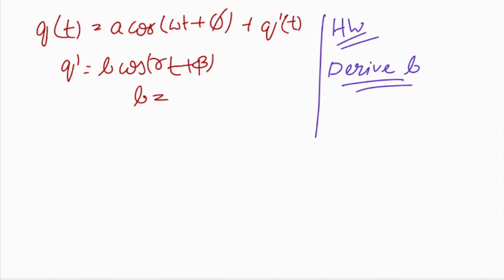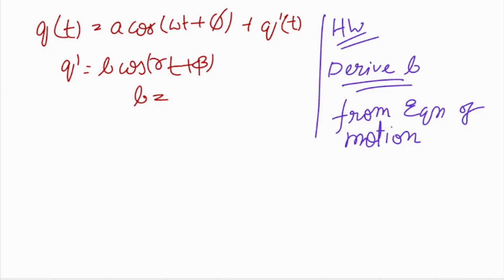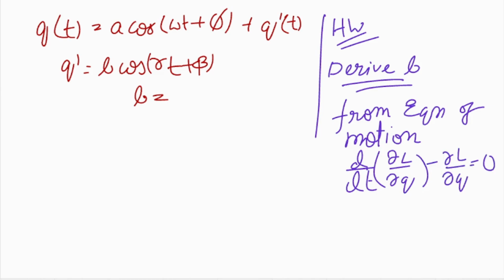Homework: derive b from the total derivative of the partial derivative minus the partial derivative equals 0.